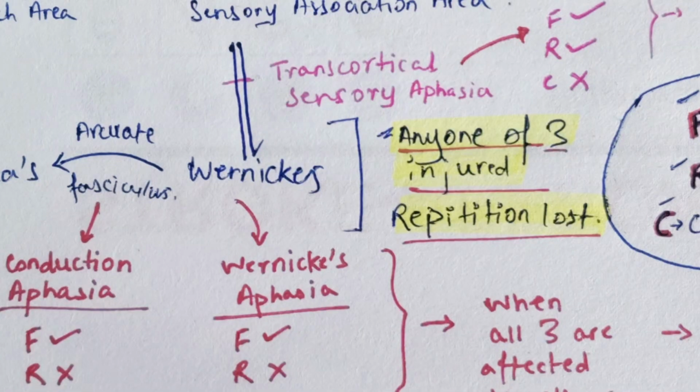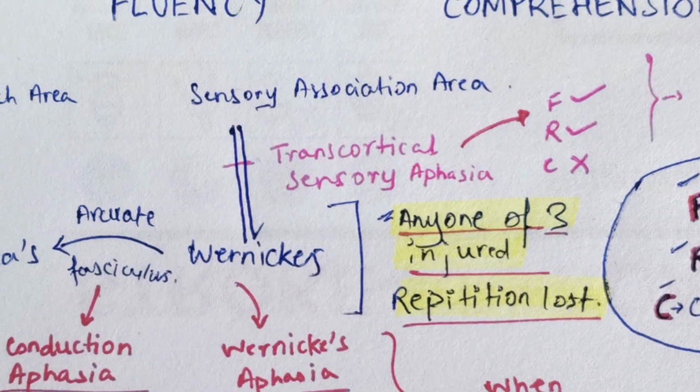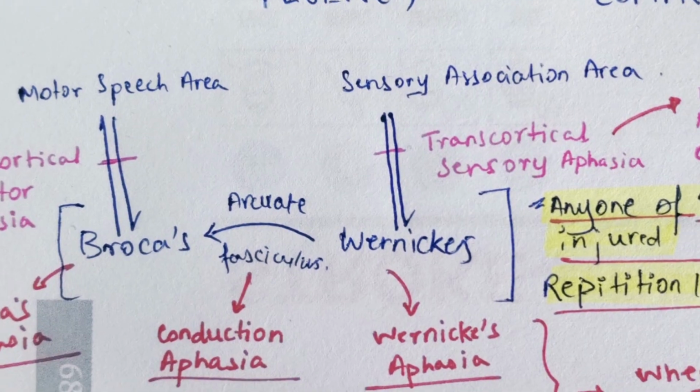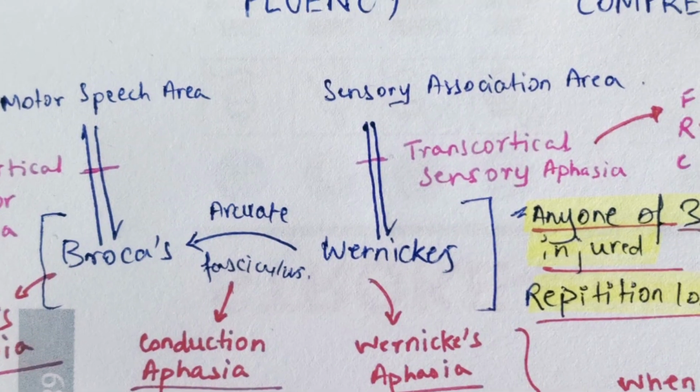Now we will move on to aphasias where repetition is present, where these three areas are normal but we still have aphasias. Since these three are normal, repetition is going to be present. Now we have the sensory association area connected with Wernicke's area, and if there is a problem in the connection between the two, we have transcortical sensory aphasia, which is essentially Wernicke's aphasia with presence of repetition.